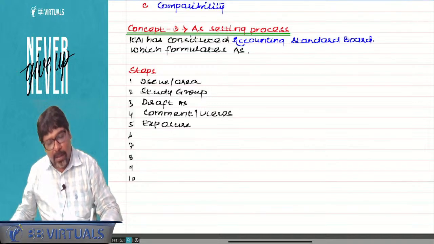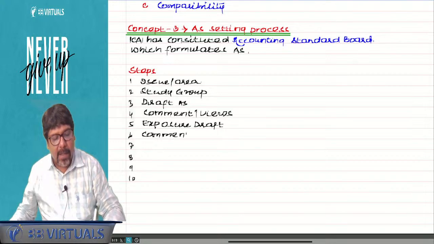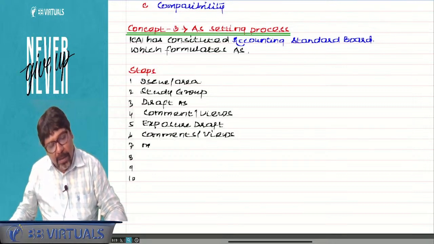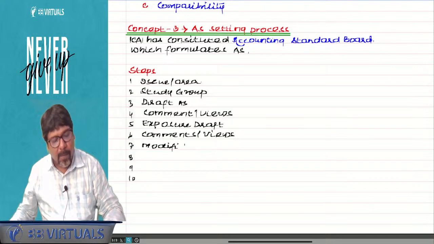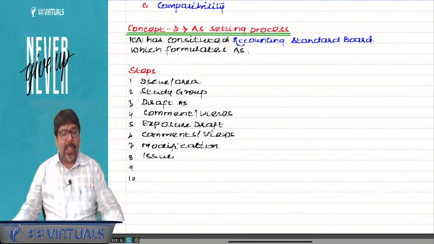On this exposure draft also there are comments and views by the public. Then there is modification. Then there is issue of accounting standards.